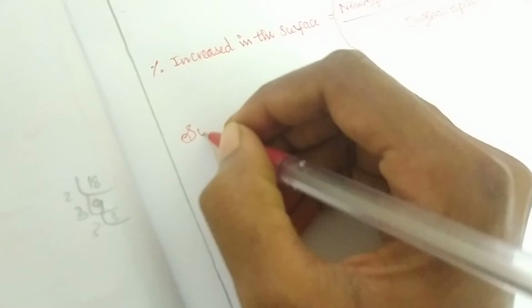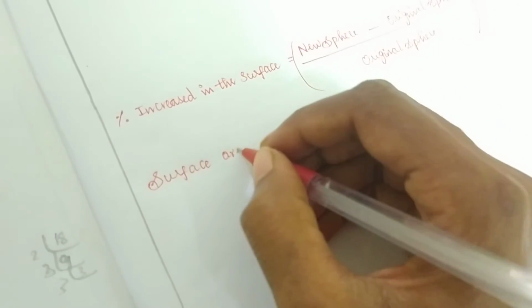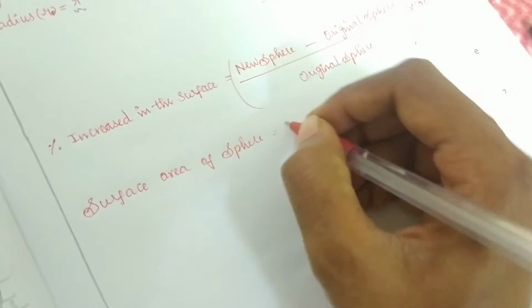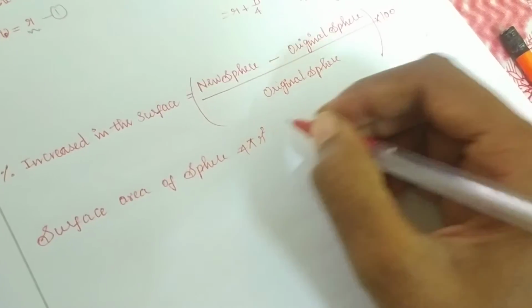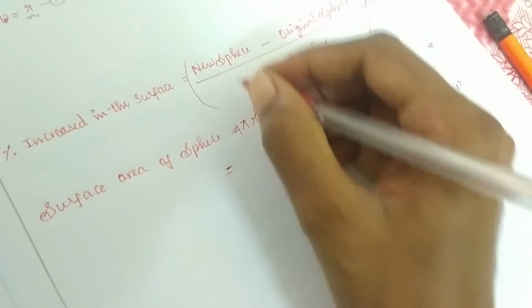First you should know the surface area of a sphere: 4 pi r square units. So now I can substitute.